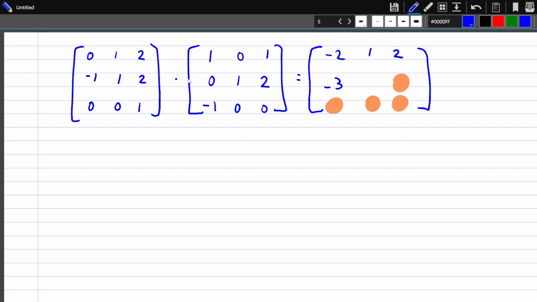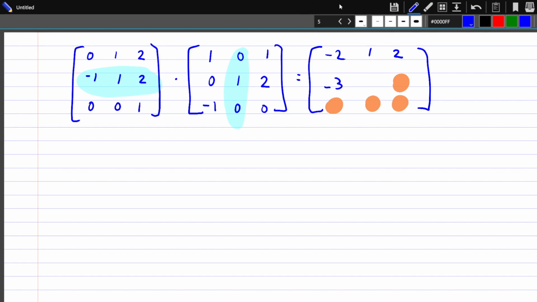Good. So for this element here, it is on the second row and the second column. So we will be picking the second row here on the first matrix and the second column here on the second matrix. First matrix, second row, second matrix, second column.